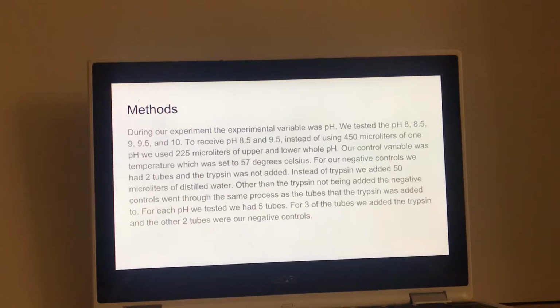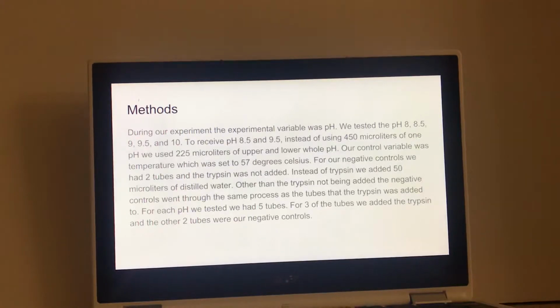We constantly kept the tubes to the correct wait time, and we paid close attention to that. We wrote down everything in our notebook, in a specified chart in our lab notebook.